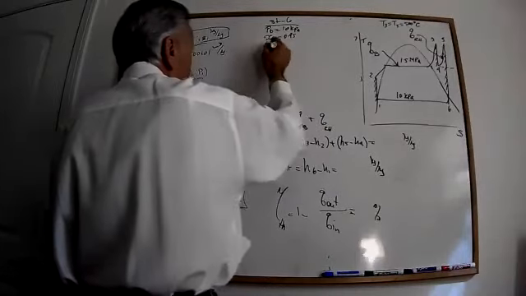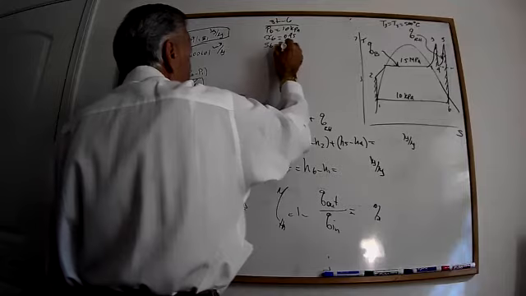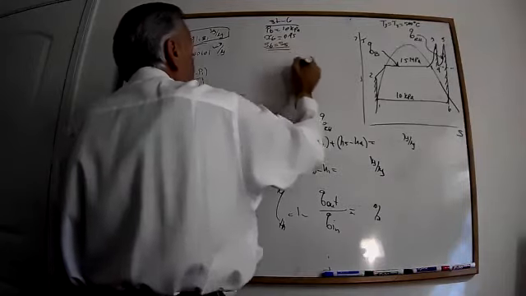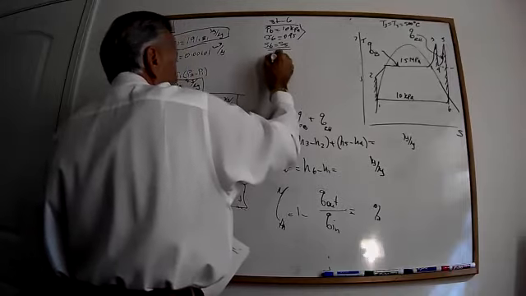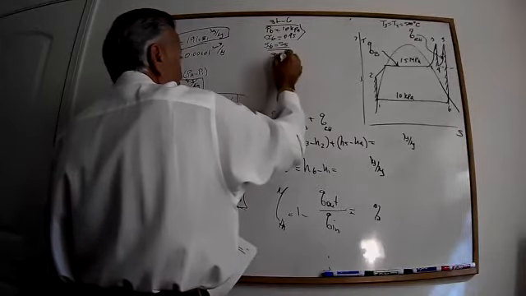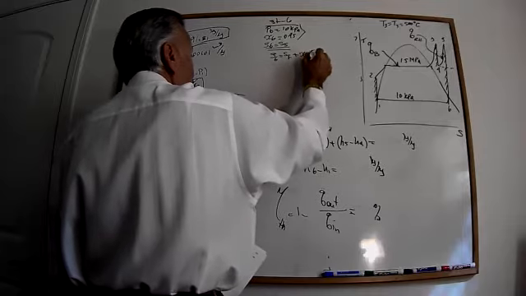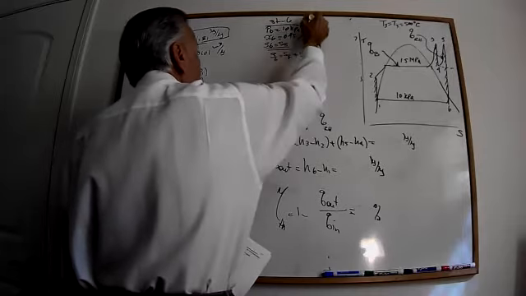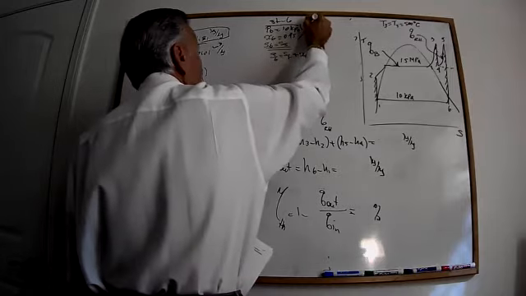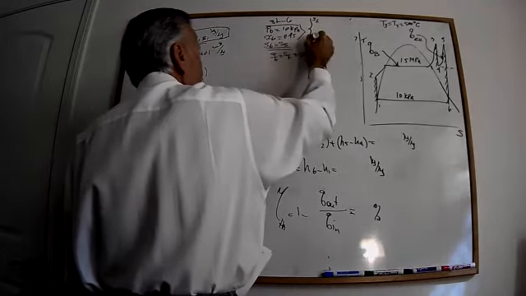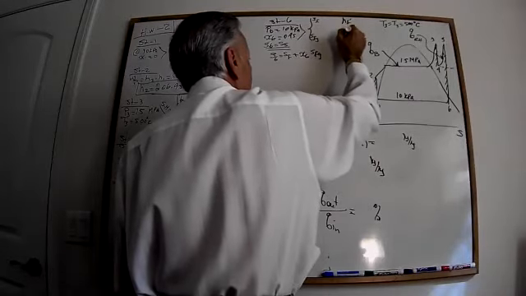And I know that S6 is also equal to S5. This is very important. Based on this, I can write S6 is equal to S of F plus X6 times S of F G. Now here, based on this pressure and quality, I can find S of F, S of F G, H of F, and H of F G.